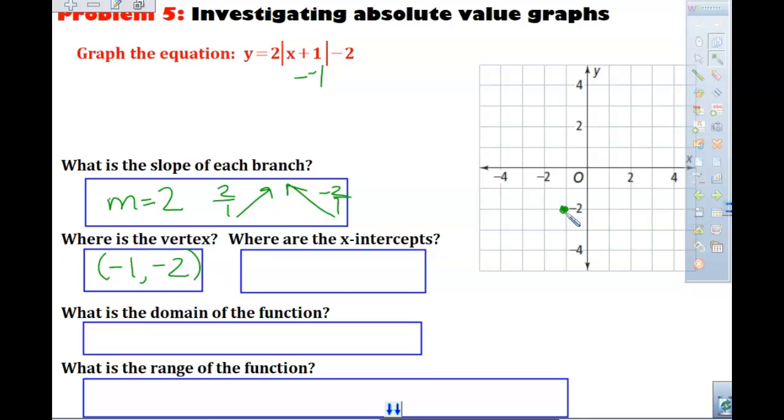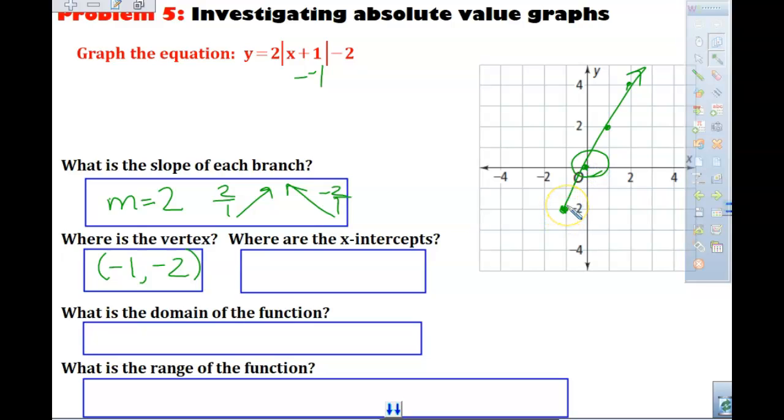It says, what are the x-intercepts? These are going to be really important coming up. X-intercepts, when we solve quadratics, are our solutions to the quadratic, so you'll hear that later. But a slope of 2 means from here I'm going to go up 2 and over 1. Here's an x-intercept.